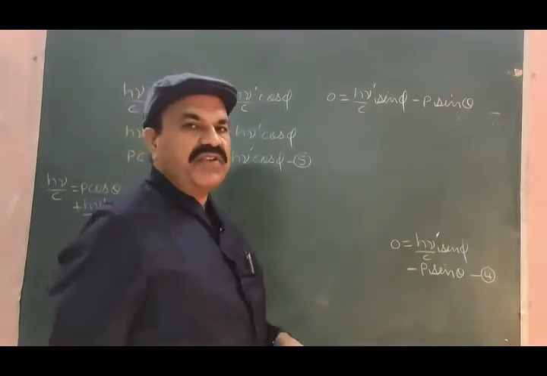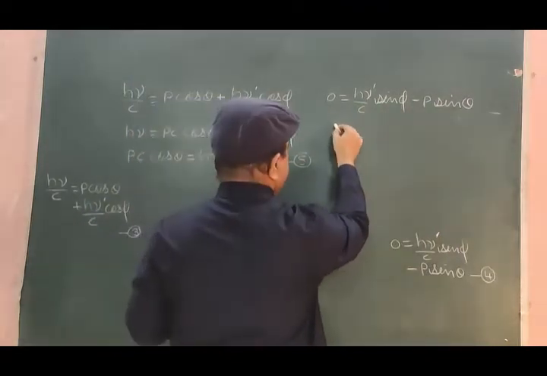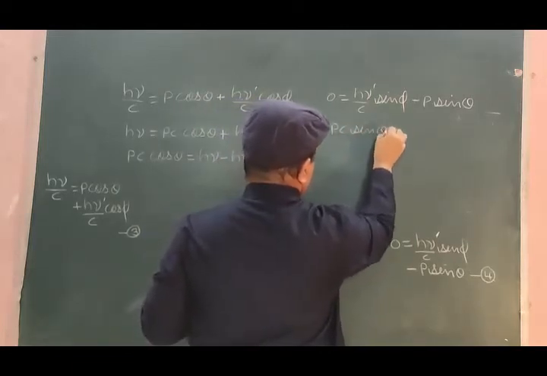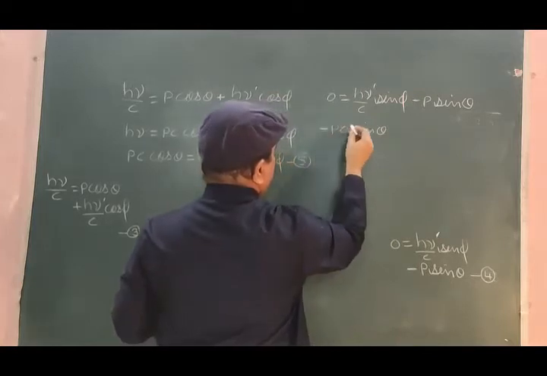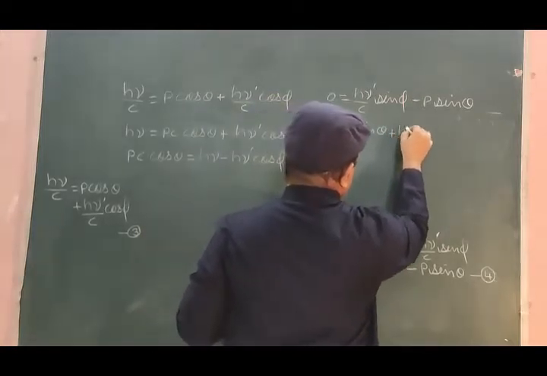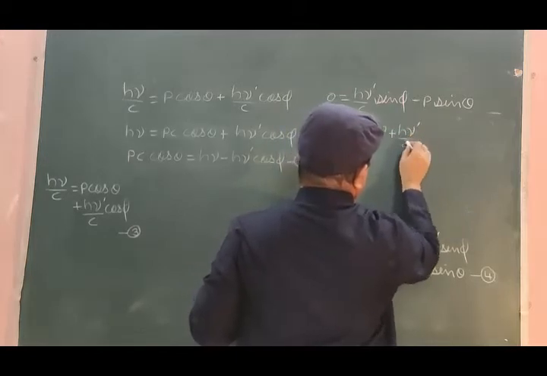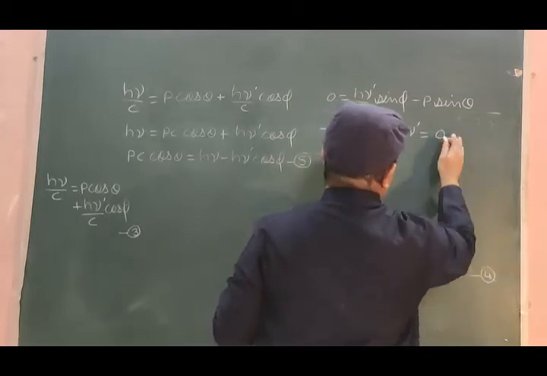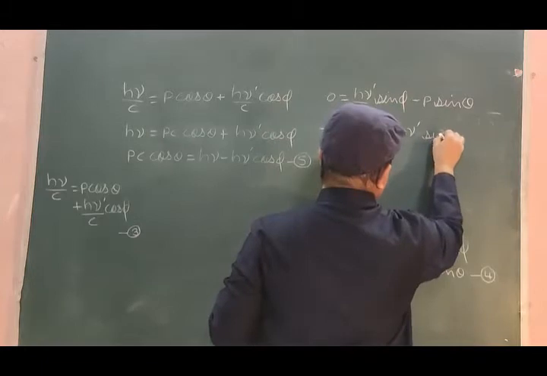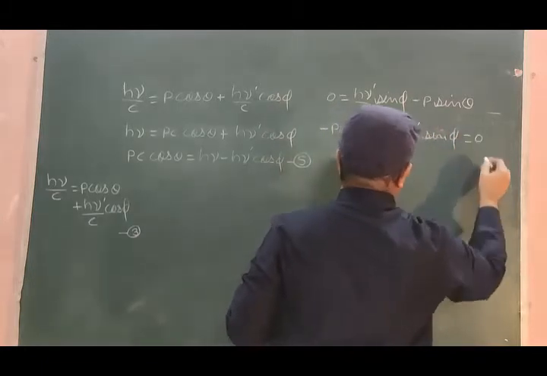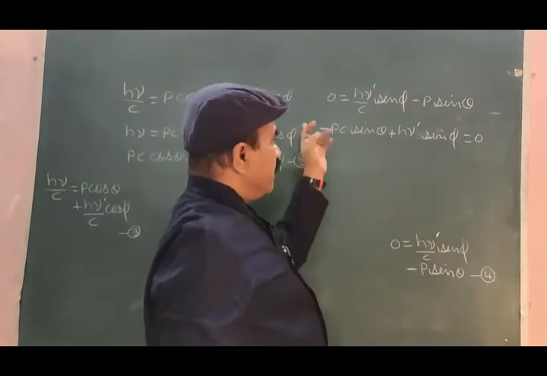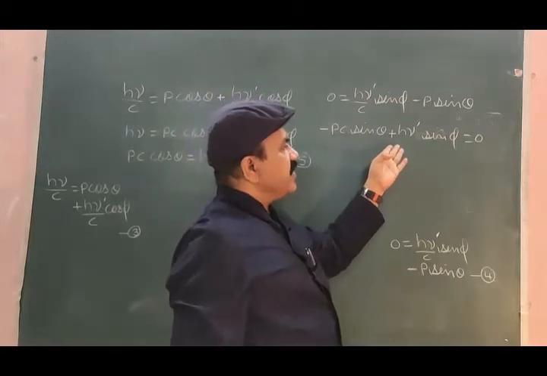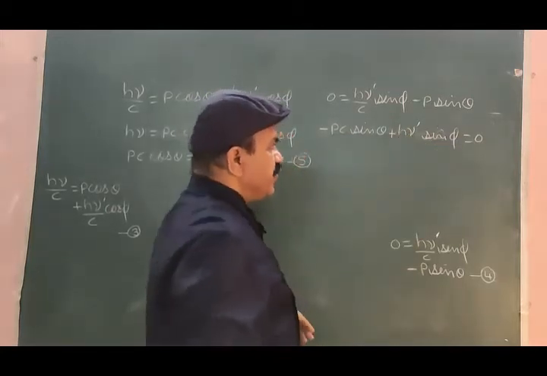Then let us go to equation 4. Multiply both sides of this equation by c to get minus Pc sin theta plus h nu dash sin phi is equal to 0.